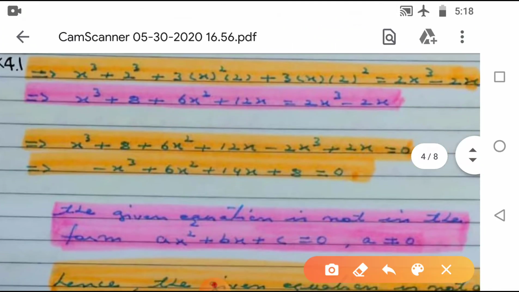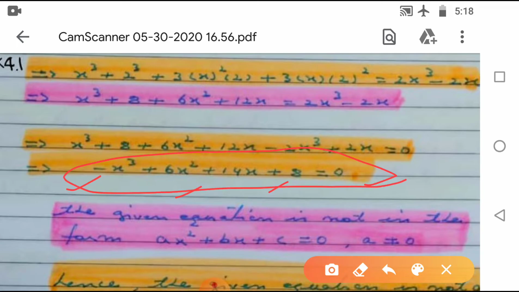Now, when you solve, finally we get −x³ + 6x² + 14x + 8 = 0. So, this is the equation, but this equation is not in the form of ax² + bx + c = 0, where a is not equal to 0.